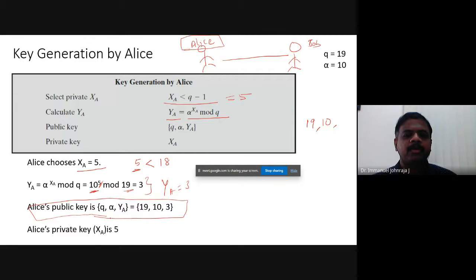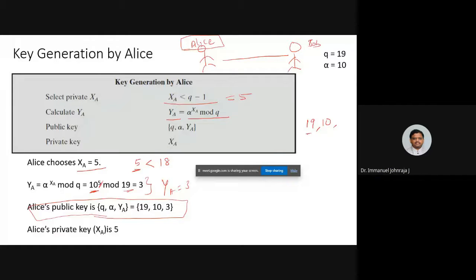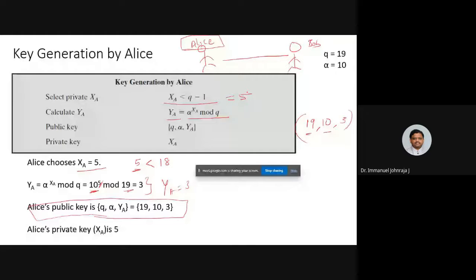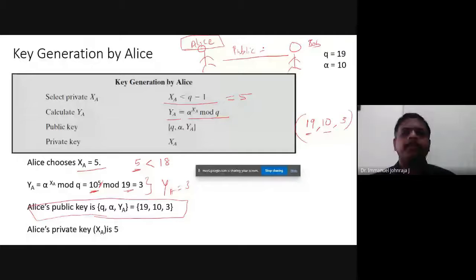So here there are three values taken for our public key. So q is 19, alpha is 10, and y_A is calculated as 3. So this is Alice's public key.